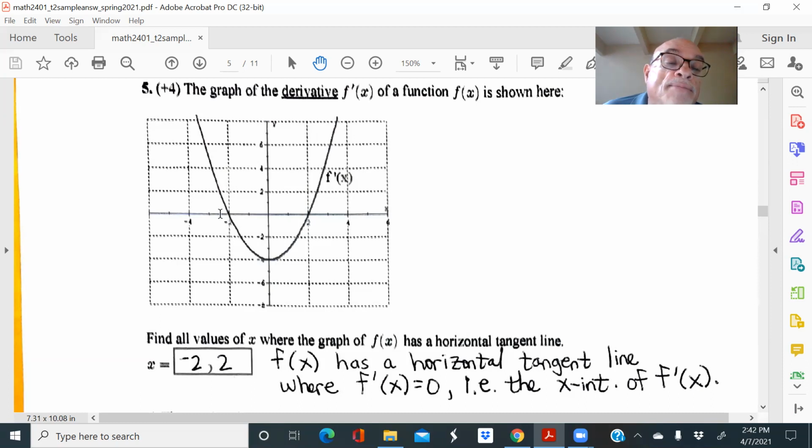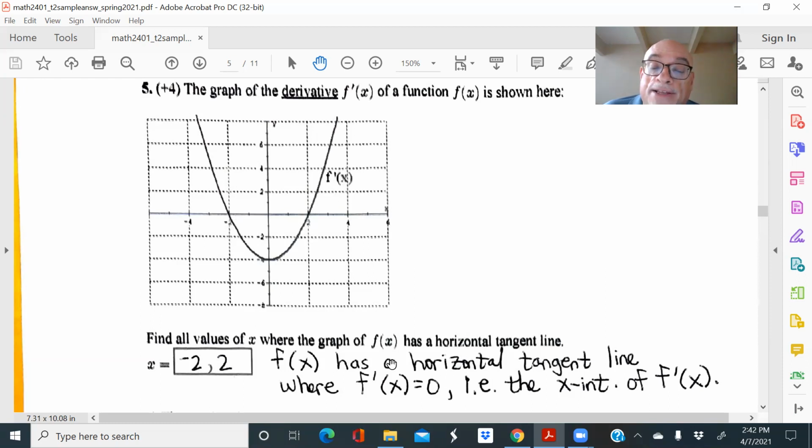Right here at -2. At x equal -2, notice the derivative there is 0, because that is an x-intercept. And then also here at 2, we can see that f prime of x is 0. The matching y value for the input 2 is 0. The matching y value for the input -2 is 0.